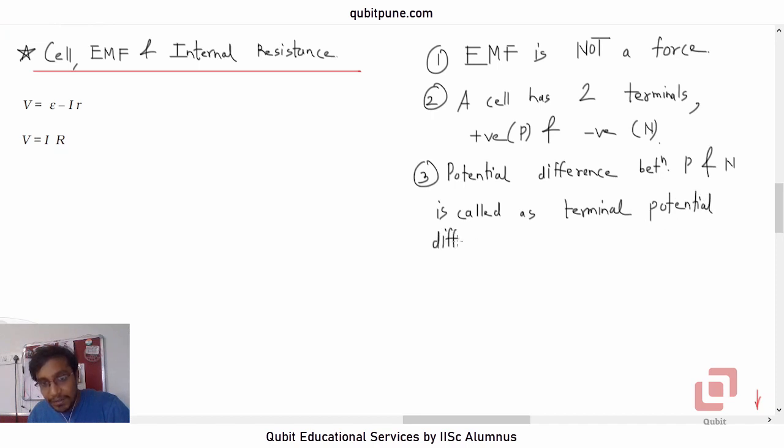Now what is EMF then? EMF refers to the terminal potential difference in an open circuit. That means no current is flowing.